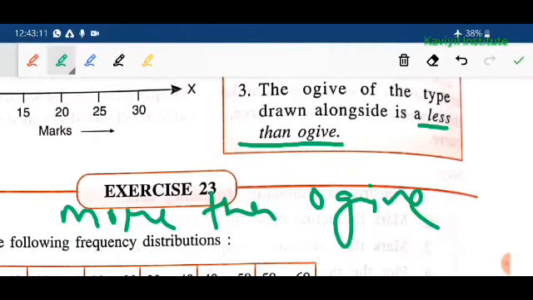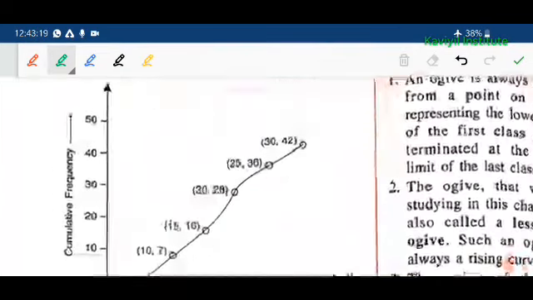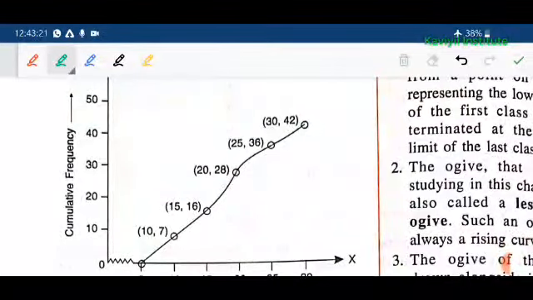ogive. The speciality of the more than ogive is that it will be starting from here. For example, I am marking some points here, so it will be easy. Let it be the starting point here, then this point here, then this point here, then this point here, and this point here.